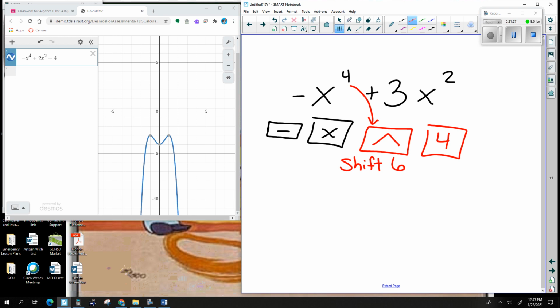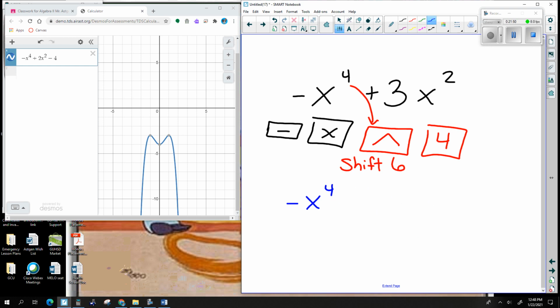Now if I don't do anything from here, it's going to keep typing into my exponent. I don't want my problem to look like that. I need my value to be a regular plus 3x squared kind of idea.